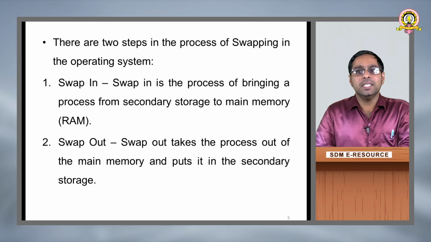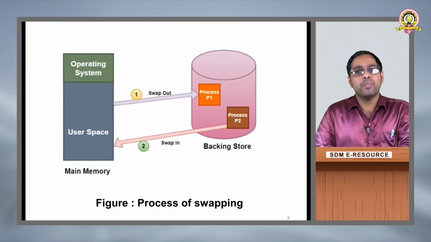You can see the swapping process with the help of a diagram. There is main memory and there is a backing store, which is a secondary memory. The main memory consists of the operating system as well as user space. The user space contains different kinds of processes.